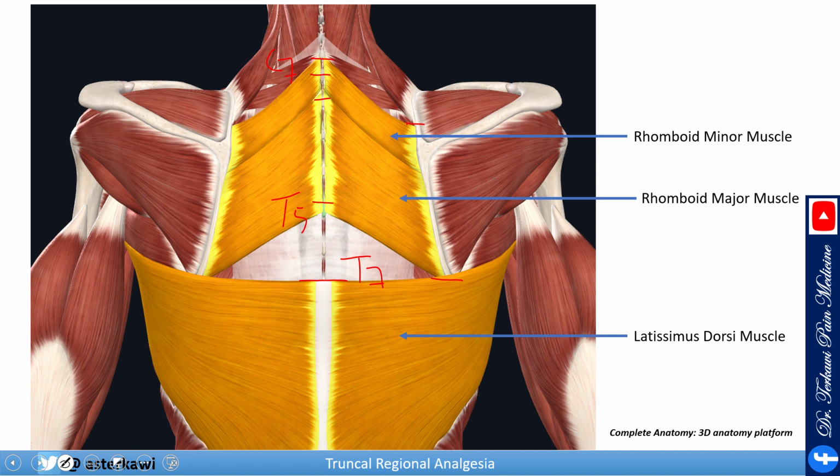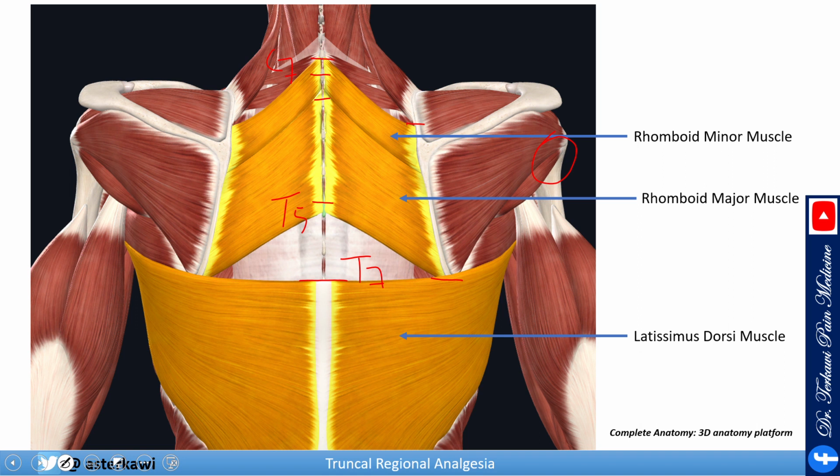Now, it inserts in the intertubercular sulcus of the humerus, which is the bicipital groove. So it goes all the way there.